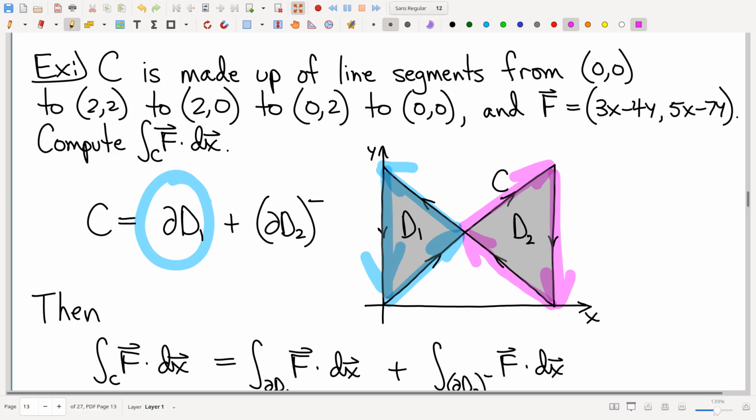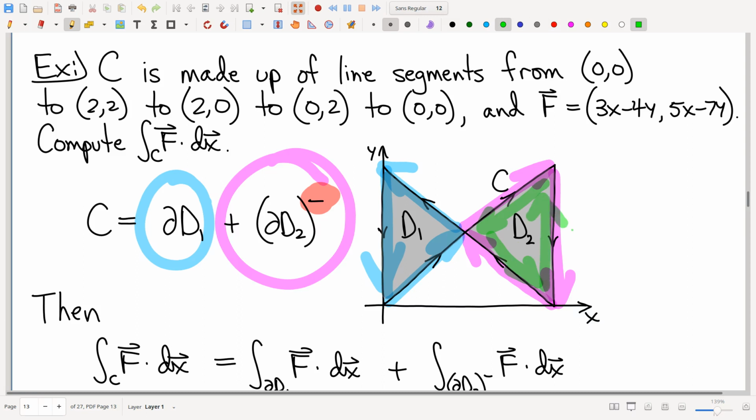So what I have is just the opposite orientation of these 3 line segments, which is, in fact, exactly the boundary of D2. So again, it's just a matter of recognizing with a superscript minus sign that what we have here is just the opposite orientation of an actual boundary.